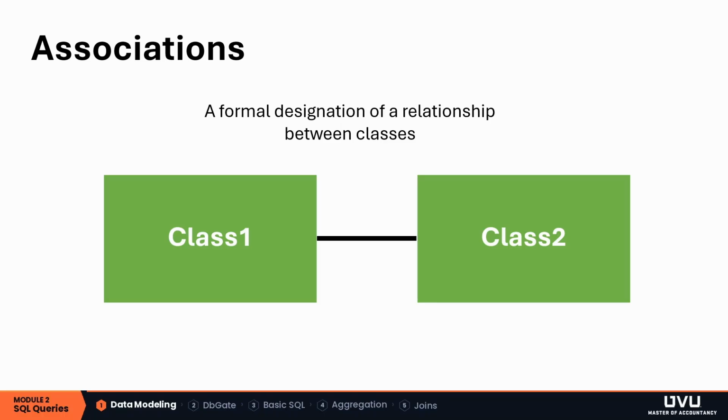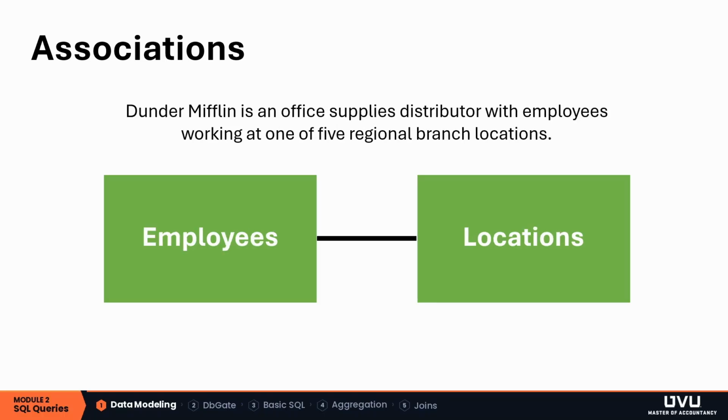Not all classes or tables are going to have these direct relationships, but for those that do, we formally specify these in a data model by connecting them with lines. For instance, we might have data about all our company's employees stored in a table, and in a separate table, data about our company's various locations.